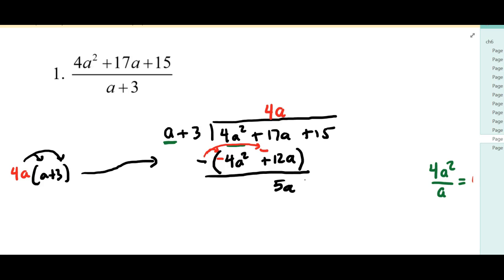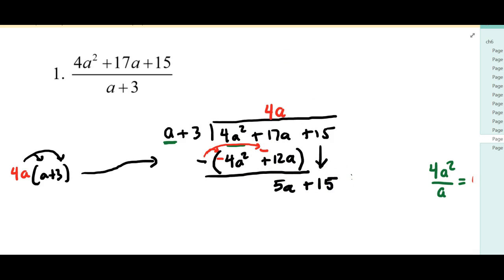Same thing here. So now we move over to the next one and we bring down the 15. So plus 15. And now, in a sense, it starts over. This is like your new dividend.